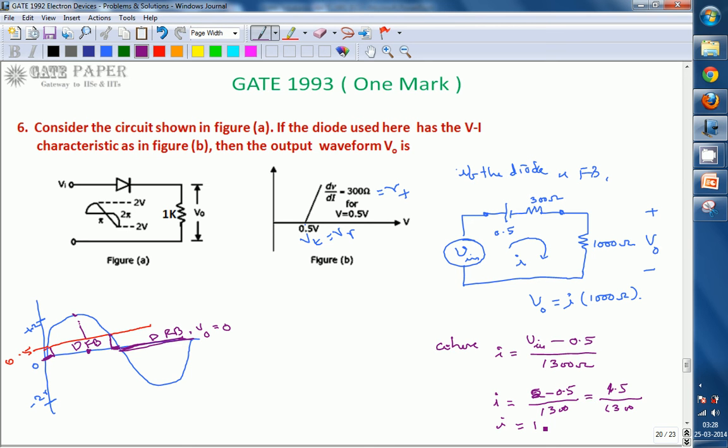So the output will be around 1.12 volts. So it is going towards 1.12 volts.